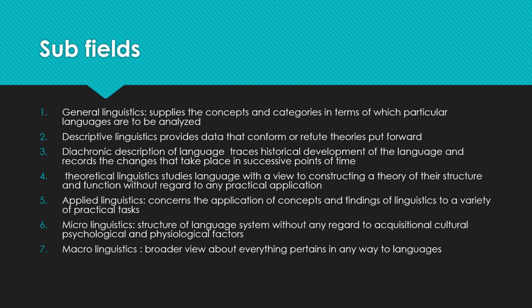Coming to the next one, microlinguistics. Microlinguistics is the study of the structure of a language system without any regard to acquisitional, cultural, psychological and physiological factors. What is acquisitional? That is passed on from one generation to another. A newborn child learns language.